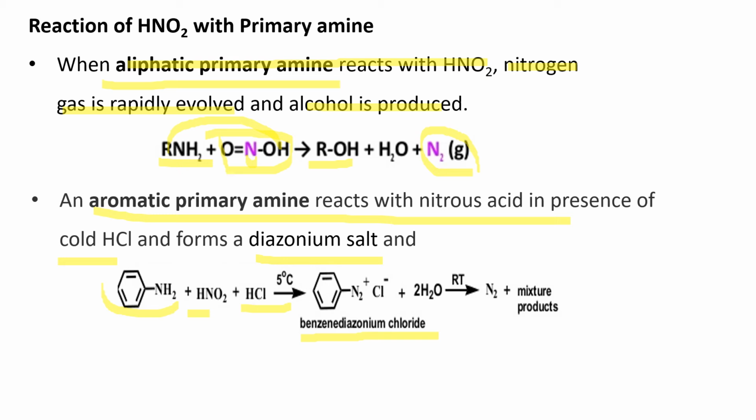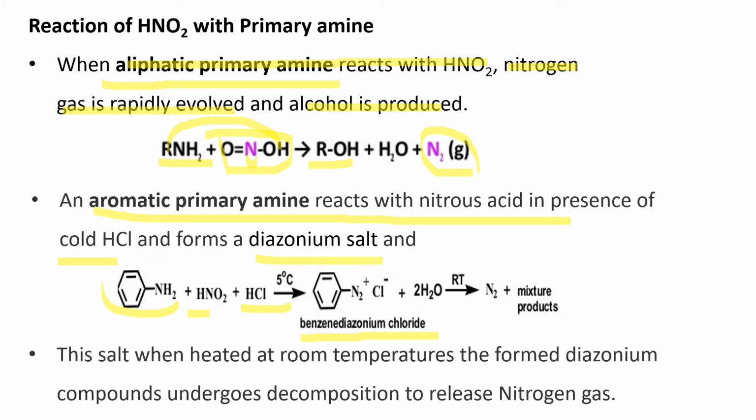Now this compound which is formed, the diazonium salt, if it is further heated at room temperature, then it undergoes decomposition, releasing nitrogen gas. This is how the primary aliphatic amine and the primary aromatic amine show different reactions with HNO2, the nitrous acid.